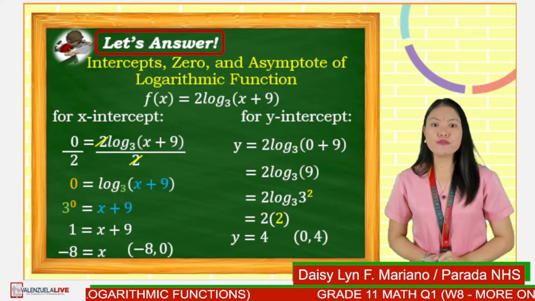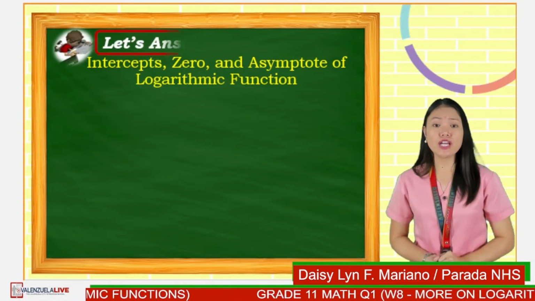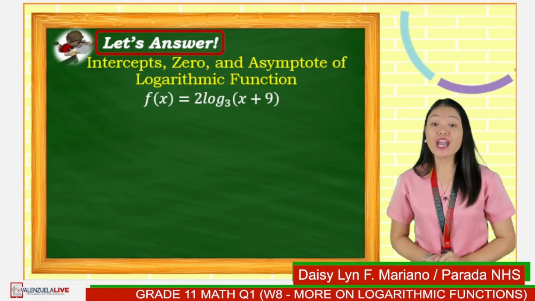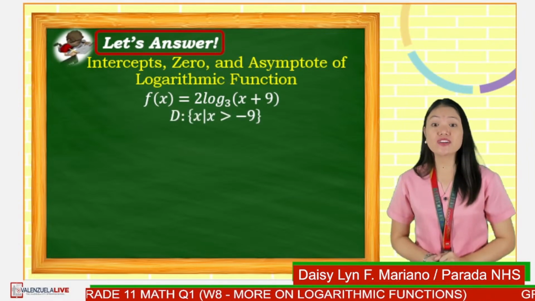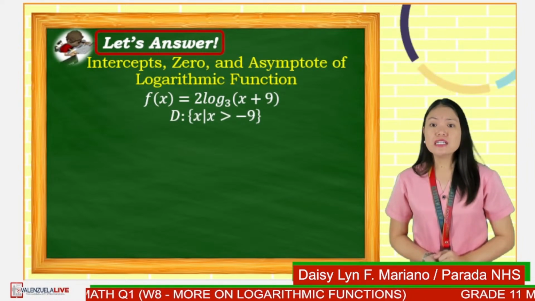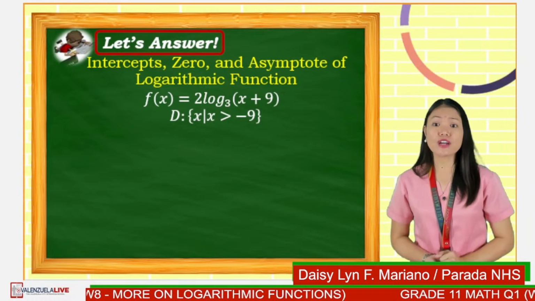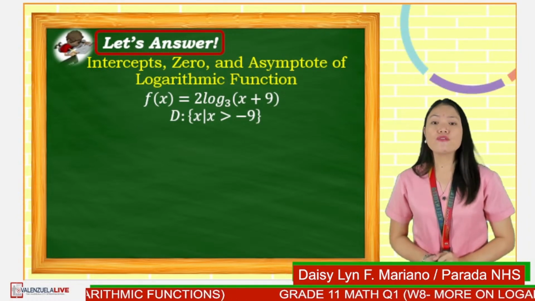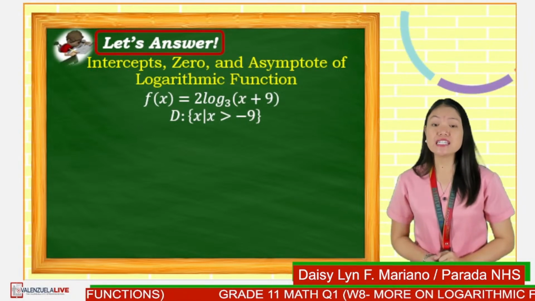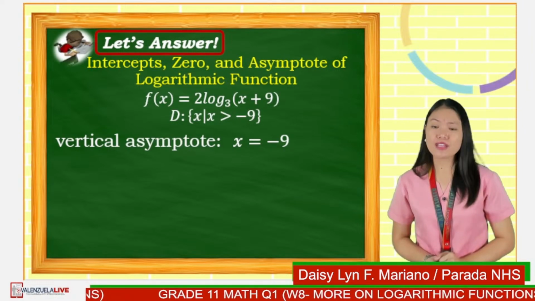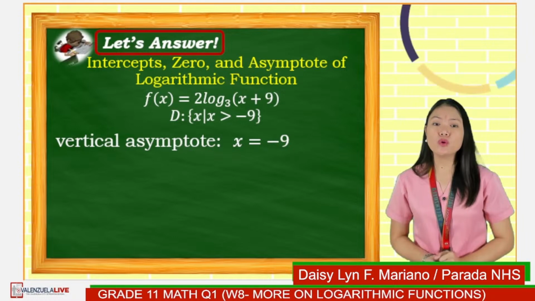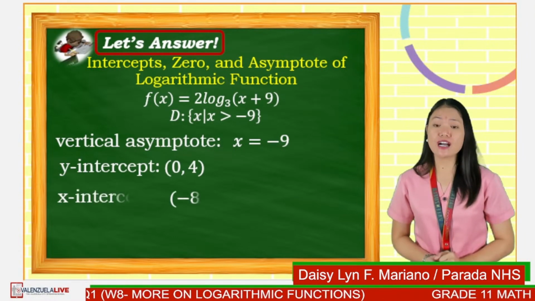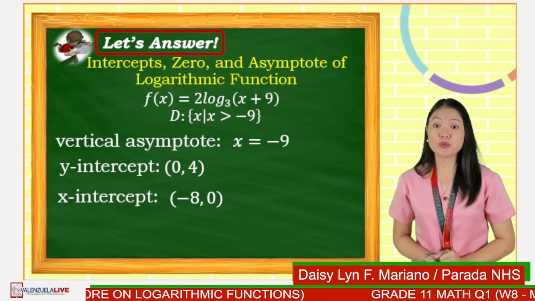The logarithmic function f of x is equal to 2 times the logarithm of the quantity x plus 9 with base 3 has domain x such that x is greater than negative 9. Since the permissible values of x are those that are greater than negative 9, then vertical asymptote is x is equal to negative 9. The graph will pass through y-axis at 0, 4 and x-axis at negative 8, 0.